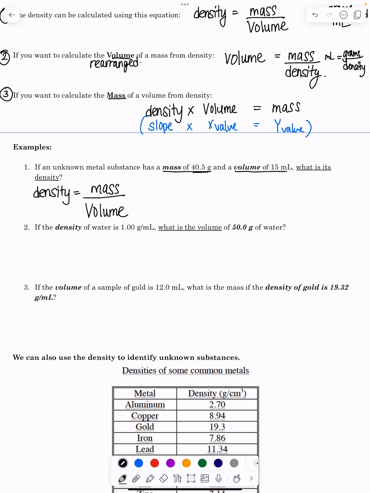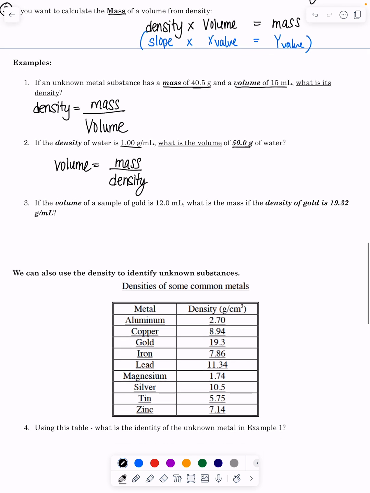Look at question 2. It says, if the density of water is 1 gram per milliliter, what is the volume of 50 grams of water? For this one, if I want to get volume, volume is going to be equal to mass divided by density. And our mass is 50 grams and our density is 1. This is going to give me for number 1 an answer in grams per milliliter. For number 2, I'm going to get an answer in milliliters.